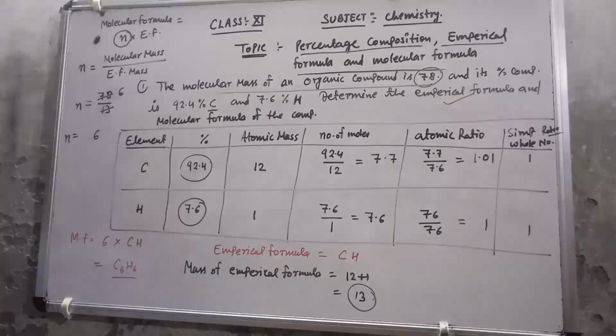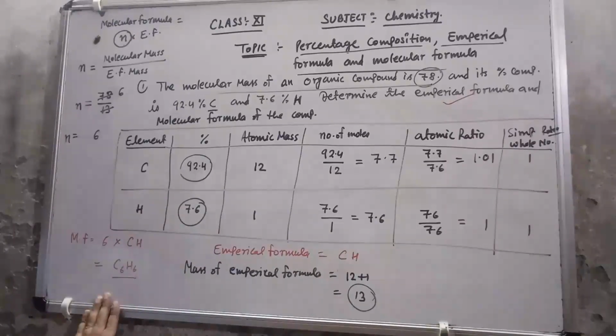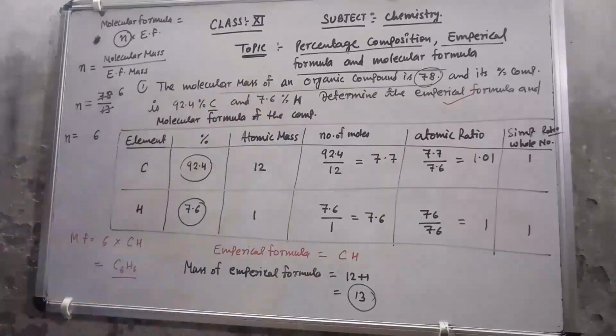So this is the simple way to find the empirical formula and molecular formula from the mass percentage of the given elements in the compound. I hope you have understood how to find the empirical formula and the molecular formula.